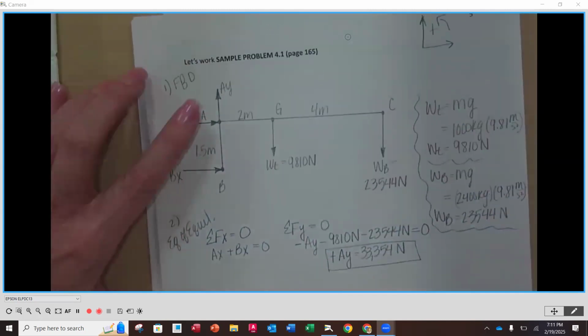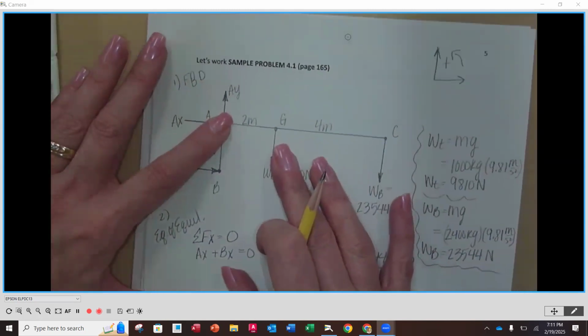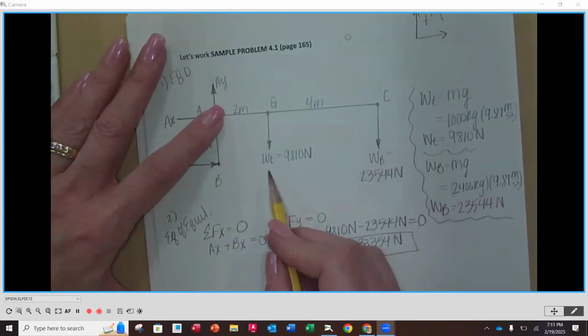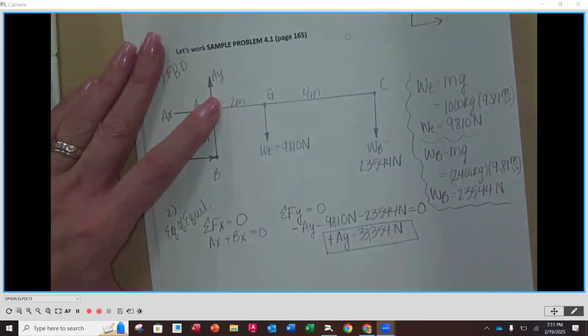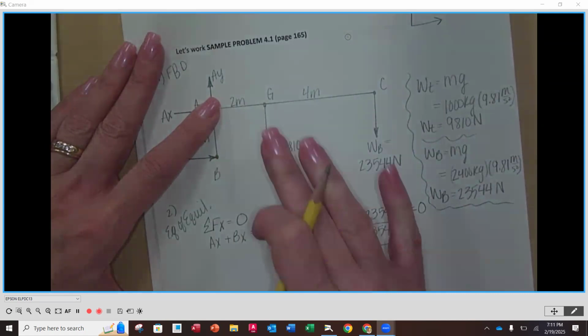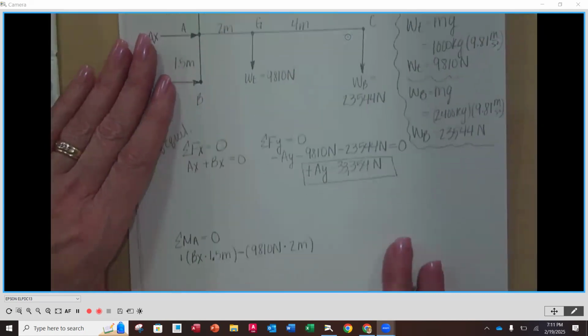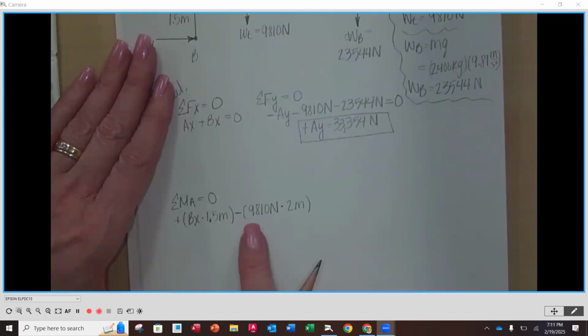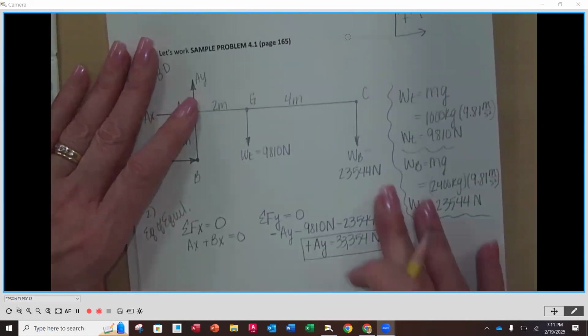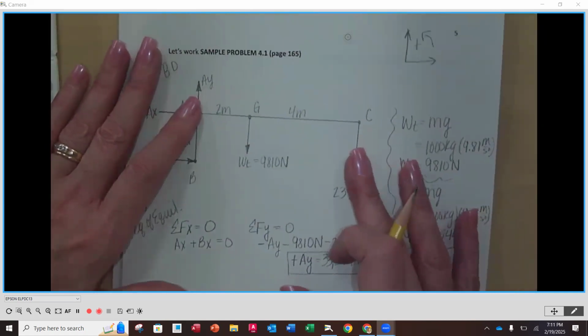Then I'm going to put my finger on A again. I'm going to rotate in the direction of the weight. That's 9,810 newtons times perpendicular distance, 2 meters, and it is rotating clockwise. So it's going to be negative out front. Then go back up and I've got my 23,544.